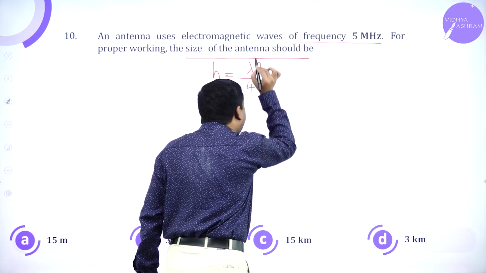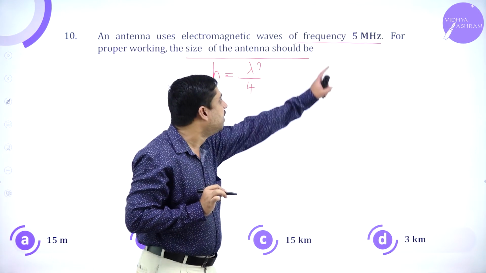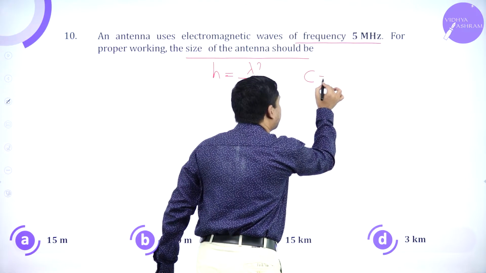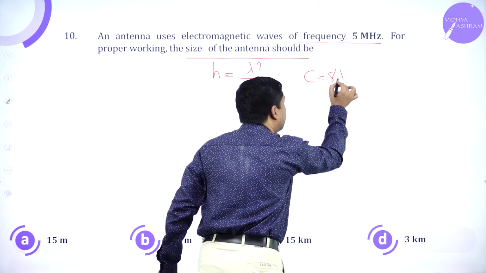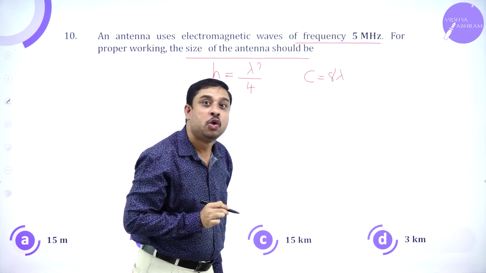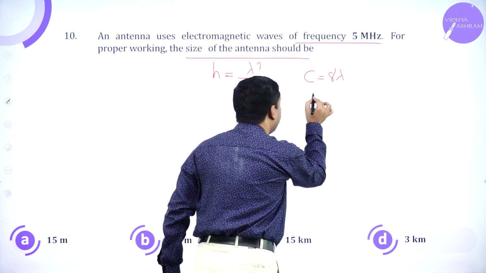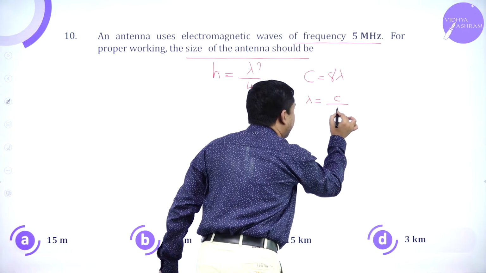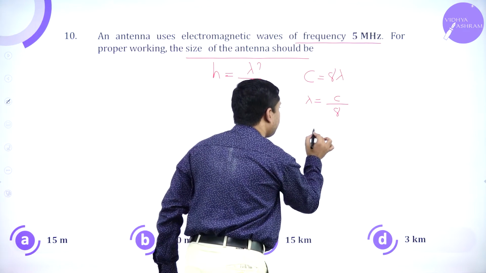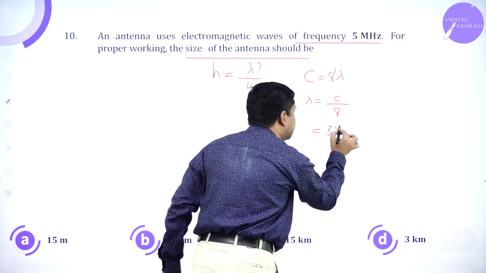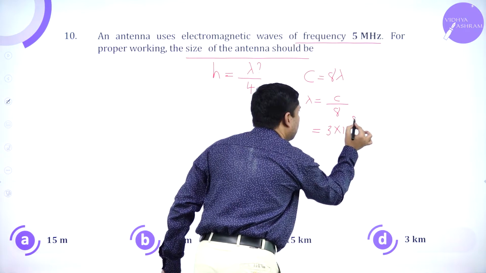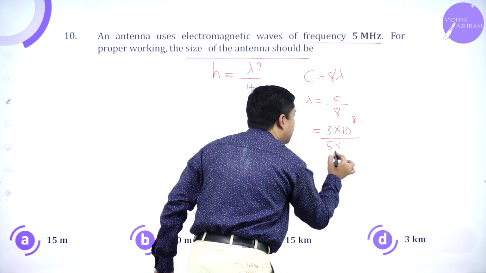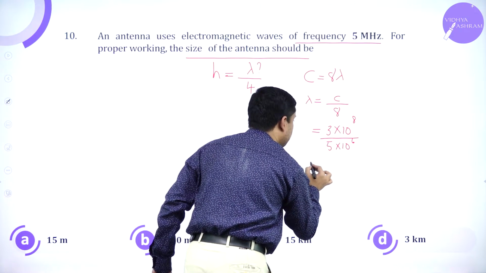Now, how do I calculate this lambda? Frequency is given, and for an electromagnetic wave, c is nu lambda, or lambda is c divided by nu. Velocity of light in vacuum divided by 5 into 10 power 6.